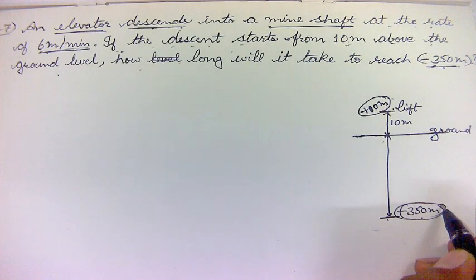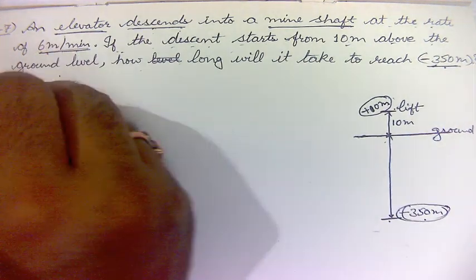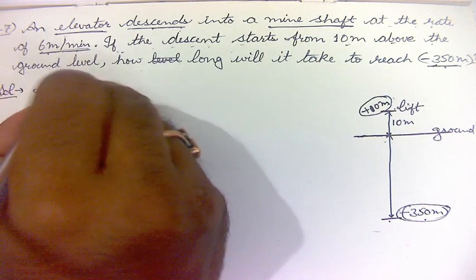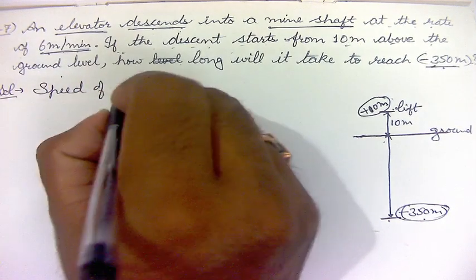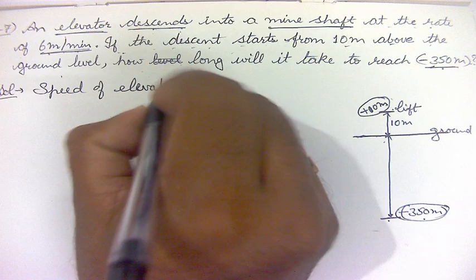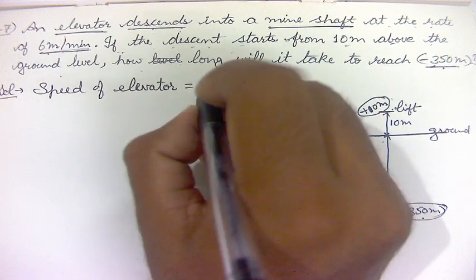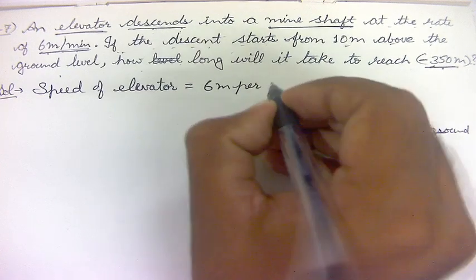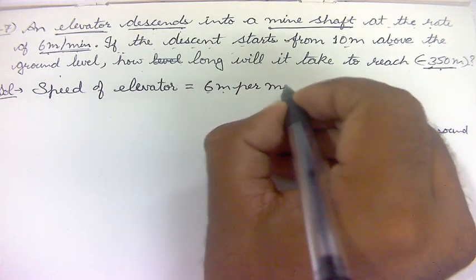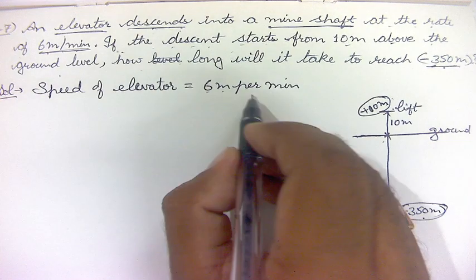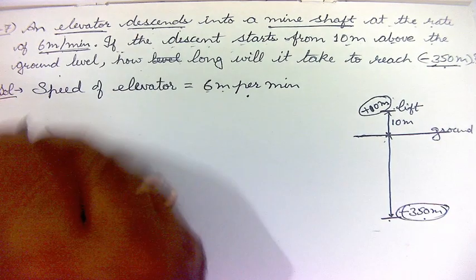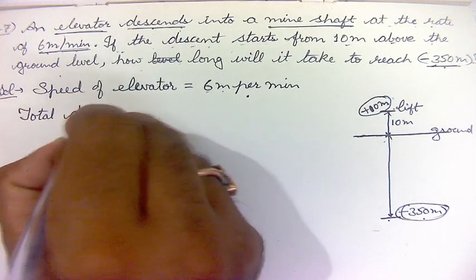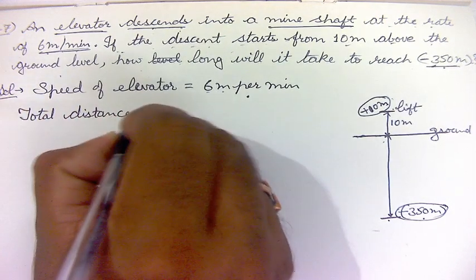So what we need? We are given the rate of descent. Means in simple words you can say it is the speed of elevator. The speed is 6 meters per minute. This is the speed of the elevator. And total distance. What will be the total distance?